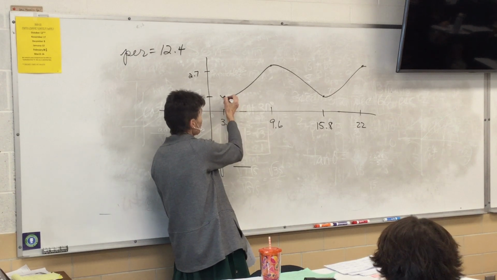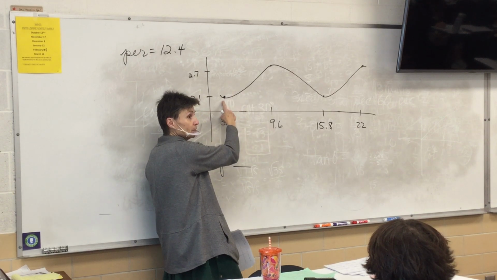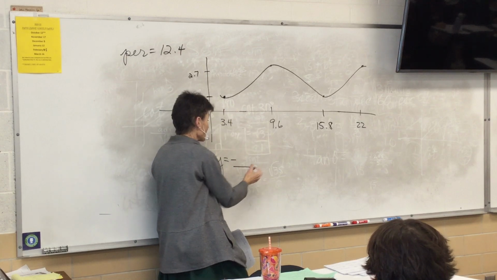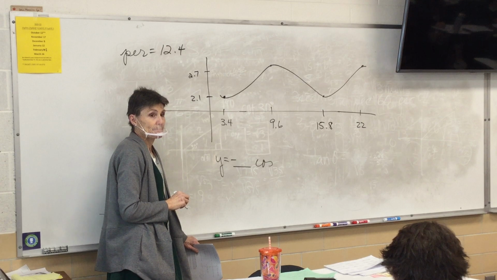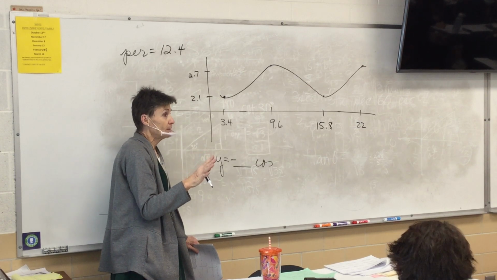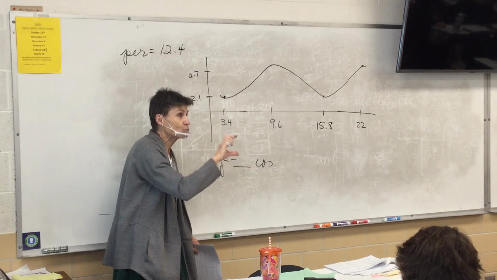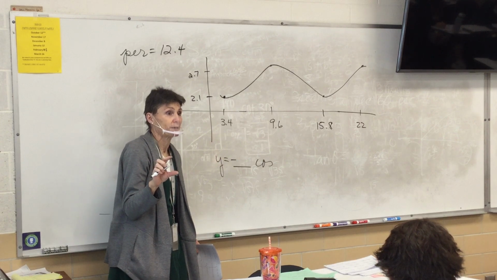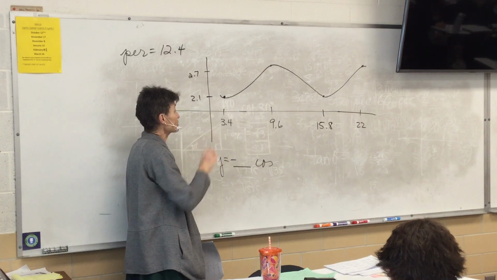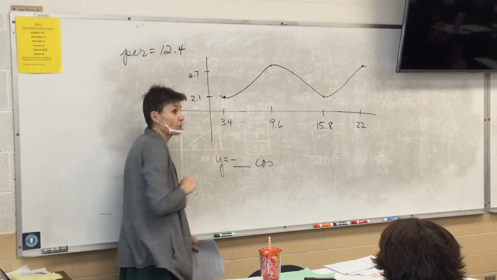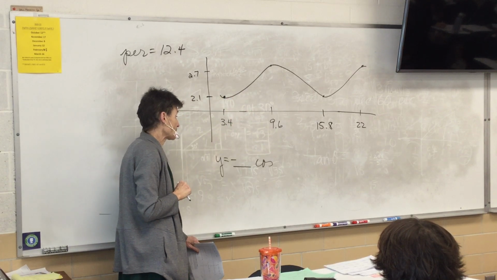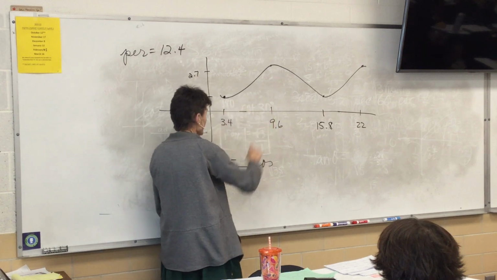The way I have it drawn starting here, would you agree that kind of resembles a negative cosine graph? You have to pick one. And which one you pick is going to determine what parts of your equation look like. Because if you think this is going to be a sine curve, you're not going to start it here. You're going to have to take a different starting point. Okay, so it looks like a negative cosine curve.